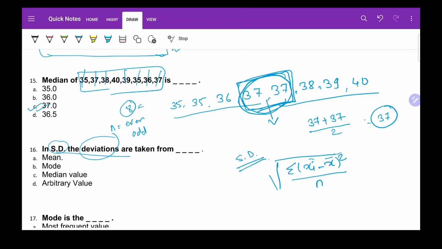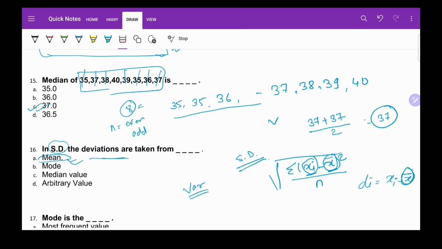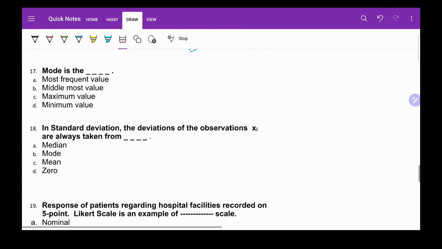So xi's are our elements, and the deviations of these elements are taken from the mean value. That means the distances di's of xi's are taken from the mean value of the data set. So in standard deviation or in variance also, the deviations are taken from mean value.